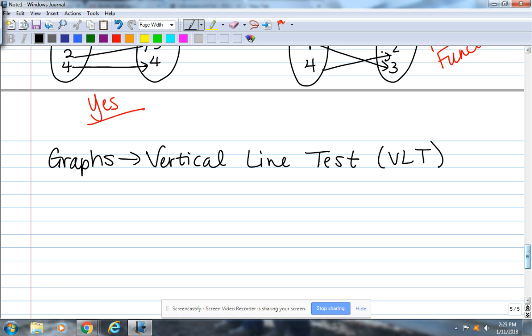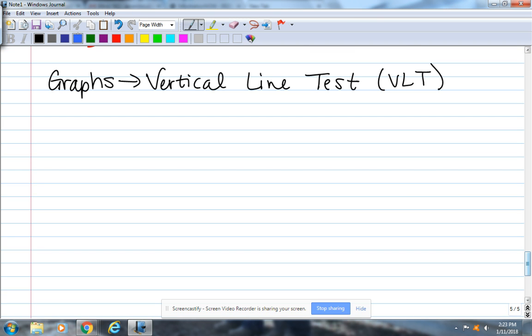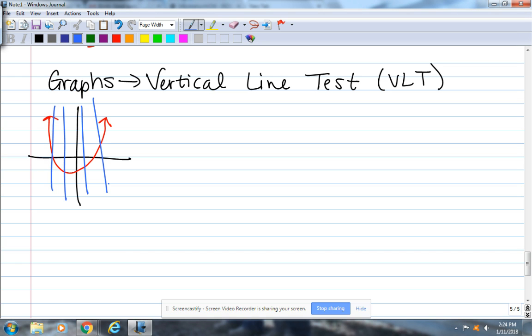So we don't have graph paper, so I'm just going to do some rough sketches. So let's say I have a parabola. We all know what parabolas look like from Algebra 1. Is that a function? Vertical line test is if I can drop a vertical line anywhere on that graph, and I'm only touching the graph one time.